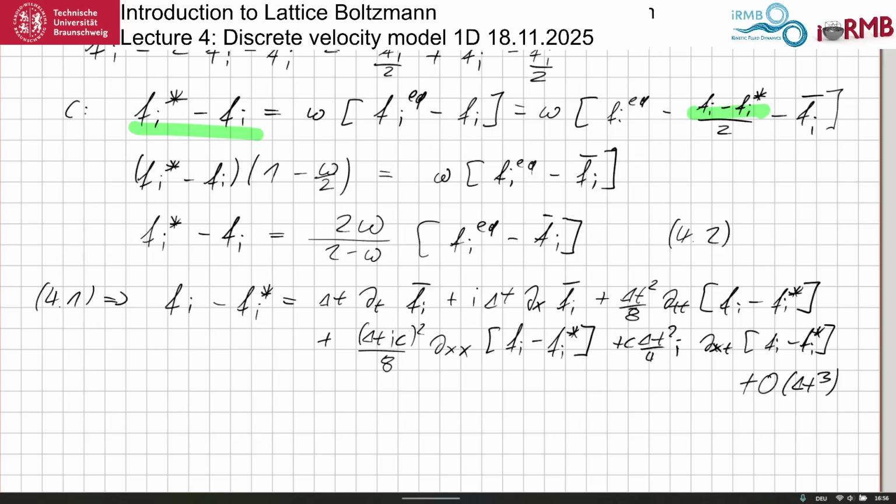Also the fi asterisk minus fi, because we are moving it to the opposite side.